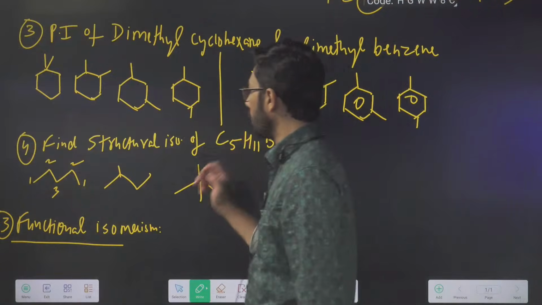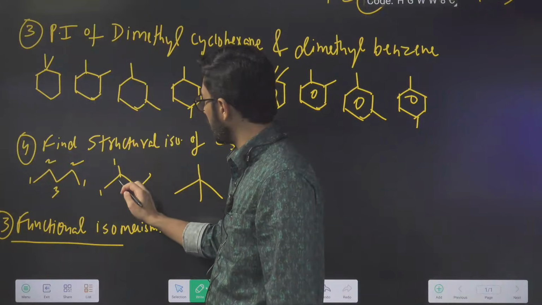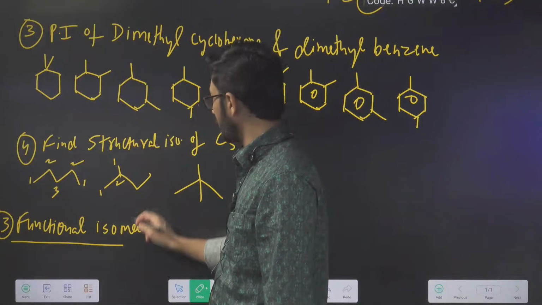What about parent chain of 4? Br can be here and here. Second possibility here.